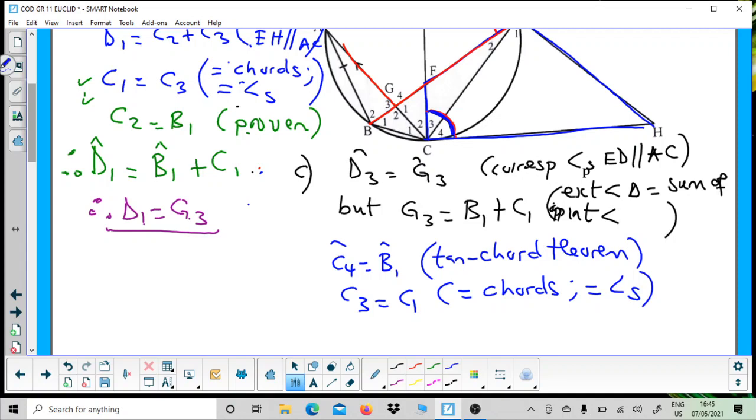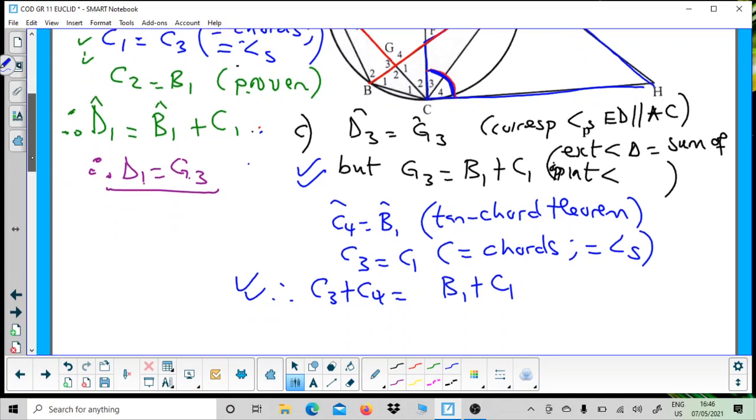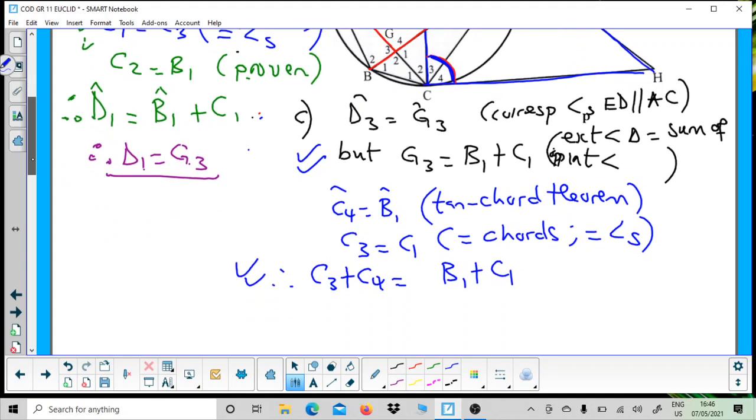You see? So therefore, C3 plus C4 is equal to B1 plus C1. So I want you to look at this statement and this statement. What can we say about the two now? Can you see they both have B1 plus C1 and C1 on the other?